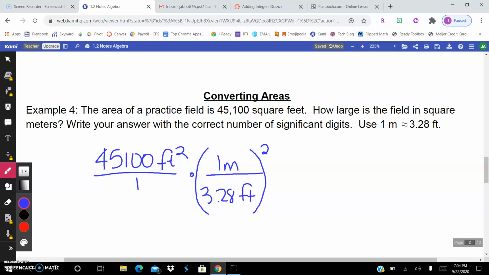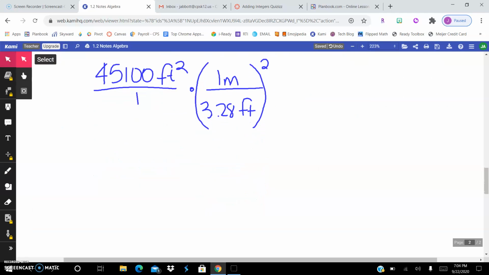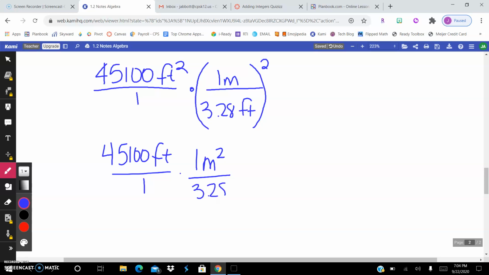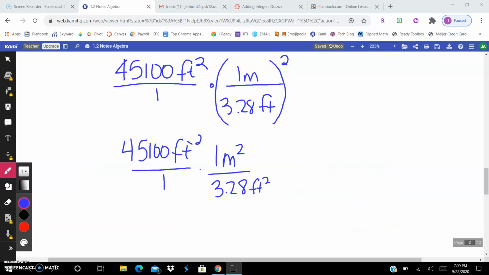We have 45,100 feet squared over 1 times 1 meter squared over 3.28 feet squared. And now we have to square that 3.28.